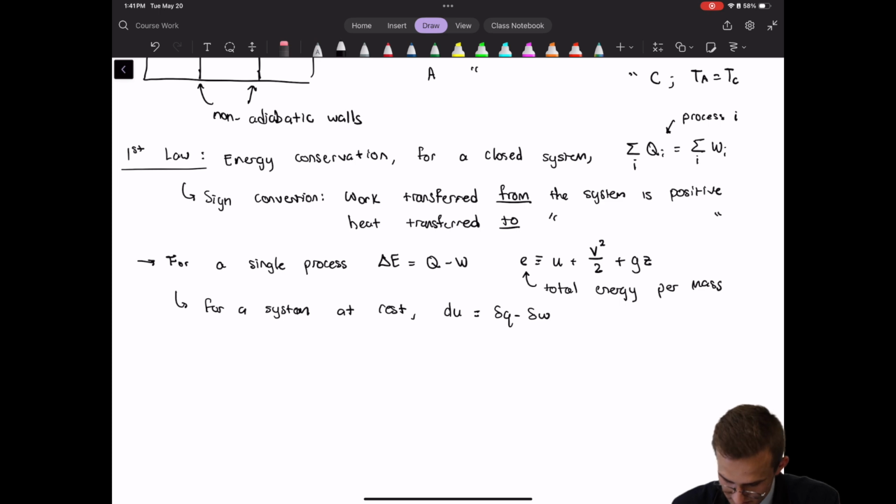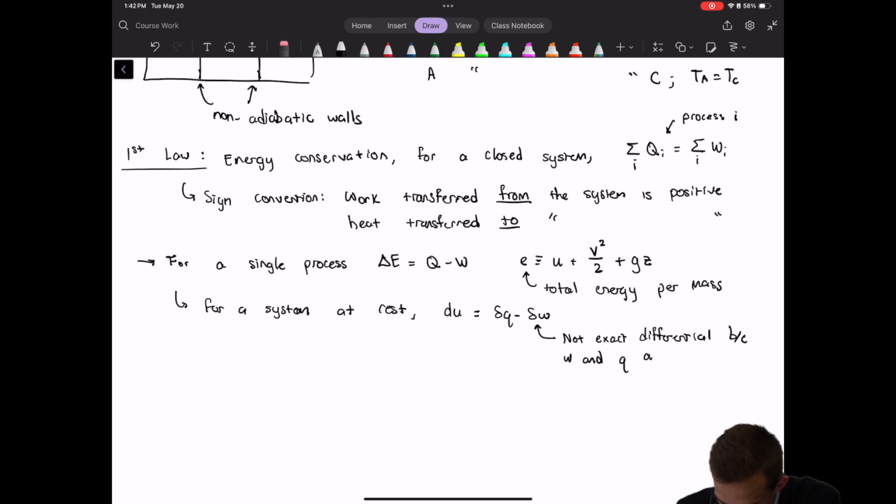Okay, so then let's talk about what we're seeing here. I mentioned this before when I wrote down the adiabatic process definition, but there's this delta here, right? And that denotes that this is what's called not an exact differential, because W and Q are what is known as path functions.